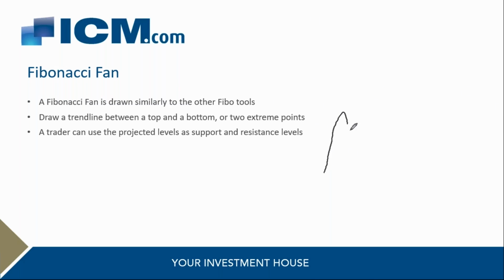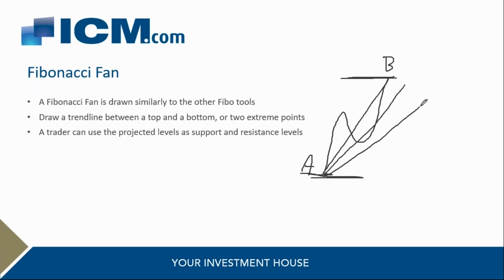For example, if the market is moving like this, I set the Fibonacci retracement on the whole move to check where the market could retrace. Similarly, I can do it for the Fibonacci fan. I decide on point A, and this is point B. I draw the fan from this point to this point, and here I have all the lines: 23.6, 38.2, 50%, 61.8, and the rest of the levels will be diagonal levels.